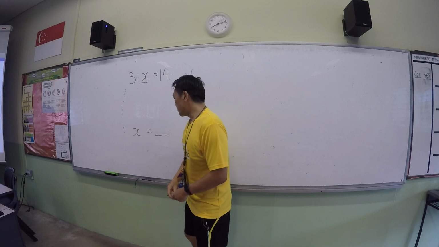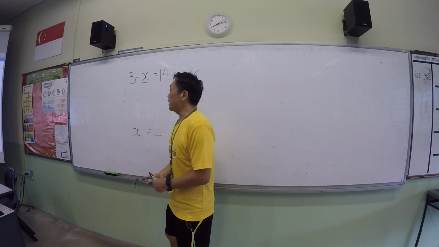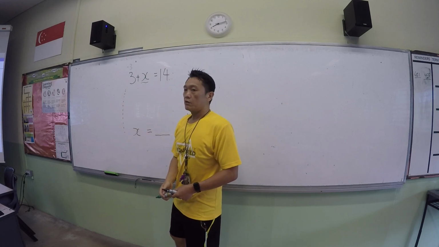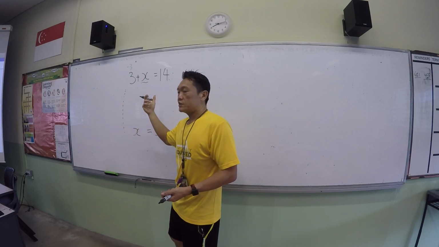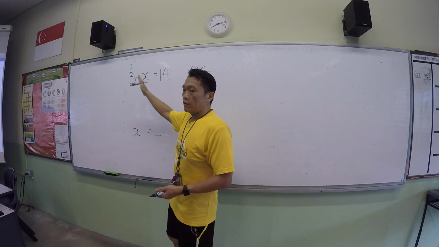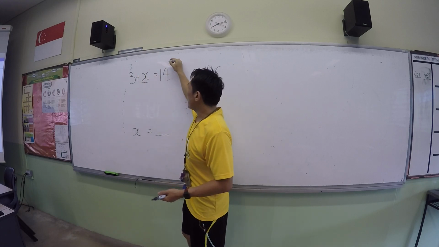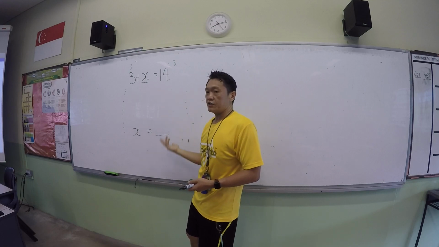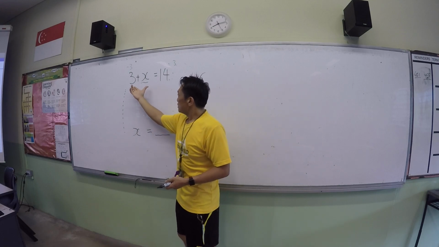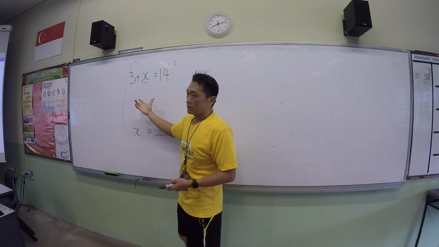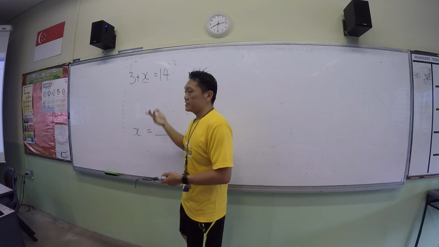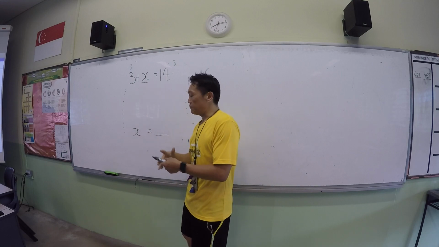So how can I remove the 3? I know that 3 minus 3 will become 0, then disappear. Just that, left side I minus 3, right side I must do the exact same thing, so that left and right are still equal. Meaning, this equation gives rise to the next equation because I do the same thing.